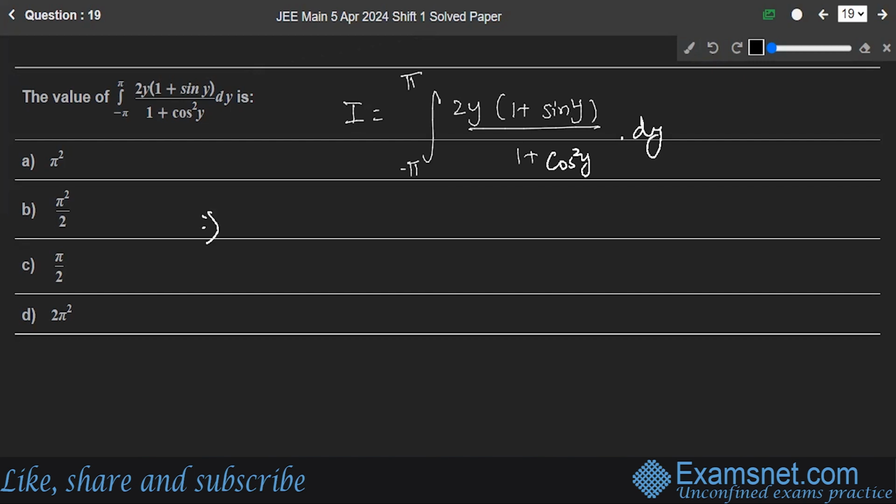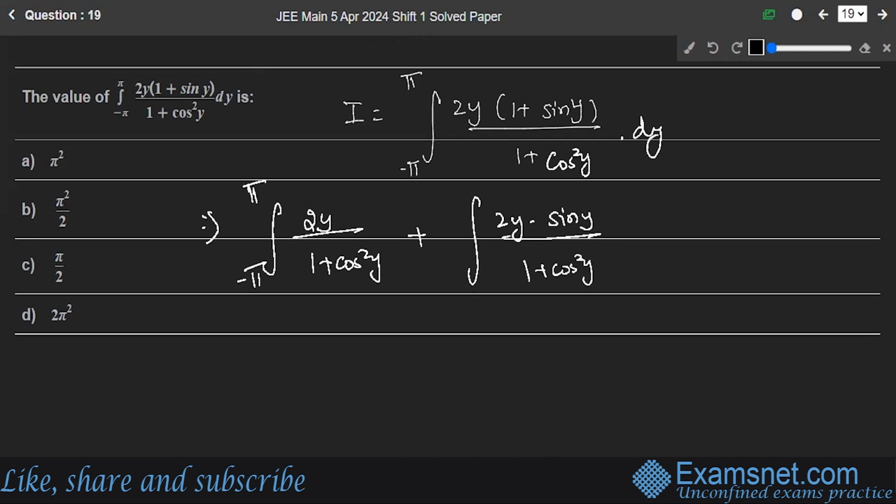Let's open it up. This can be written as integral of 2y upon 1 plus cos square y plus 2y into sine y upon 1 plus cos square y, limits minus pi to pi. Now, this is an odd function. Look at it. Yes, this is an odd function. And this is even. So that means this integral will be equal to 0 plus this, 2 I'm taking outside.